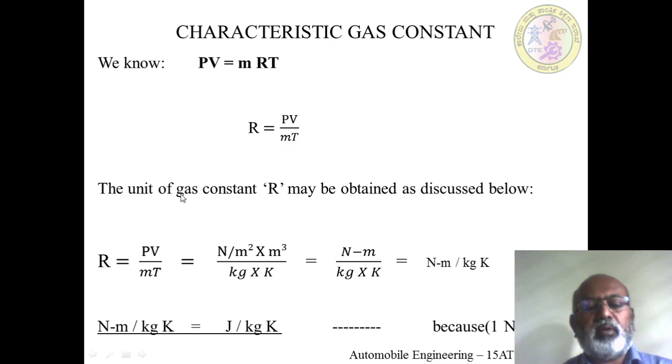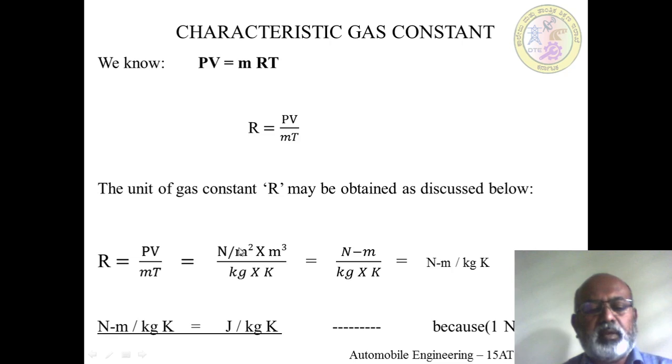The unit of gas constant R may be obtained as below. R is equal to P times V divided by m times T. P is pressure, whose unit is Newton per meter square. V is volume, denoted in meter cube. Mass is in kg and temperature in kelvins.